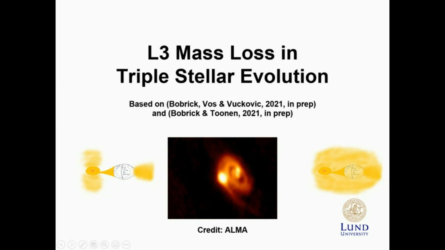And here, by the way, is an image of a triple system forming. It's an image by the radio telescope ALMA, and here we see how a system of three gravitationally bound stars is actually right now forming, and eventually it will become a system of 3 stars orbiting each other.